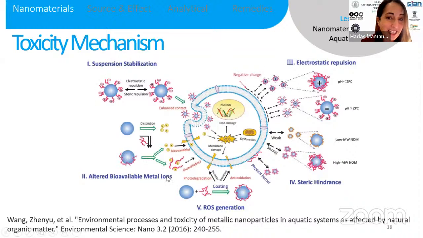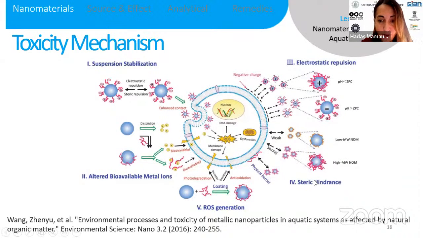So if we look at this picture, we see here the first phenomenon that we discussed is suspension stabilization, okay? Then the second phenomenon is altered bioavailability of metal ions, okay? Then the third phenomenon is electrostatic repulsion, okay?